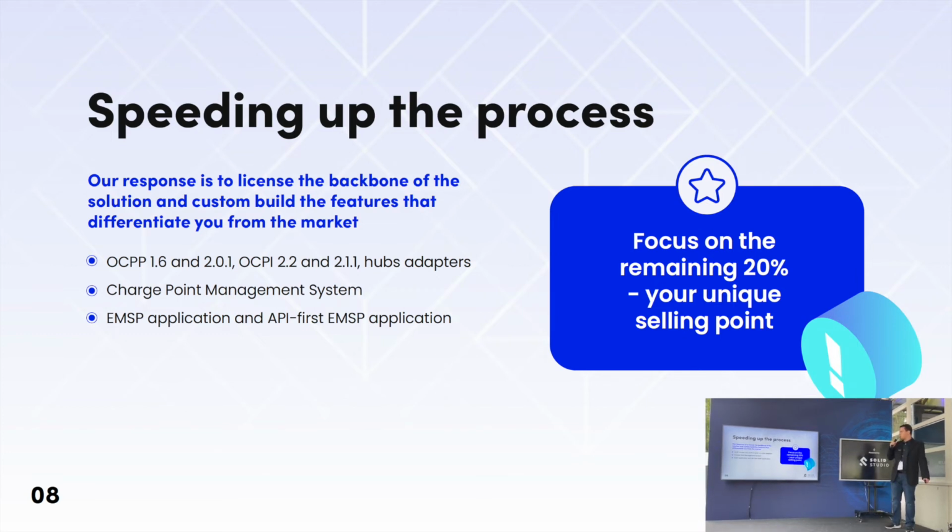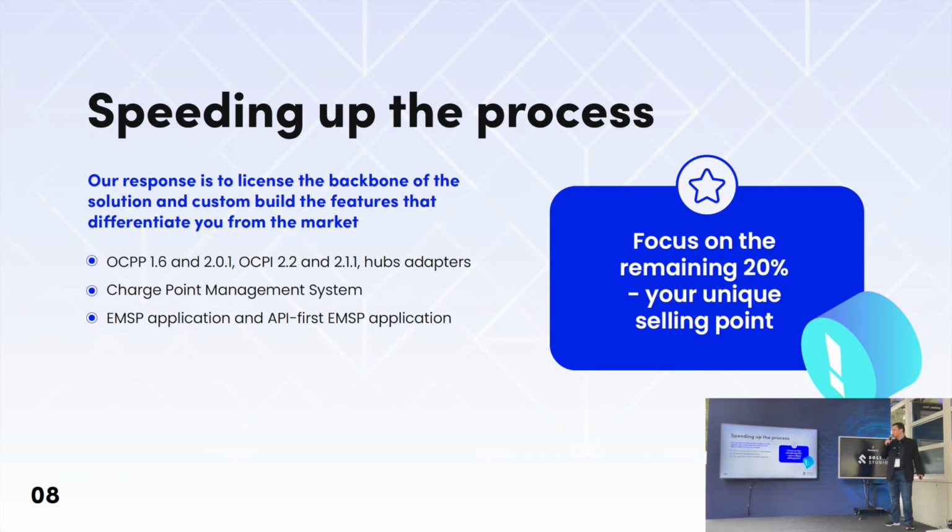So for our products, the core features are the OCPP implementation in both 1.6 and 2.01, the OCPI gateways, again in 2.2 and 2.11, and all the integration with the biggest European hubs. For CPO, we have a ready-to-be-used charge point management system. And for the EMSP application, we provide a bare minimum white label EMSP application as well.